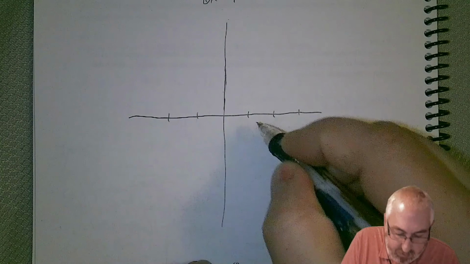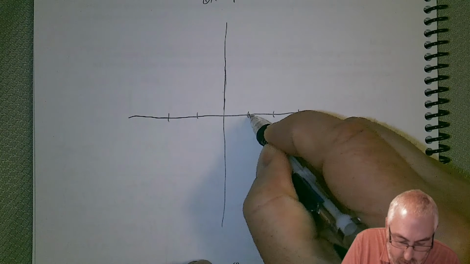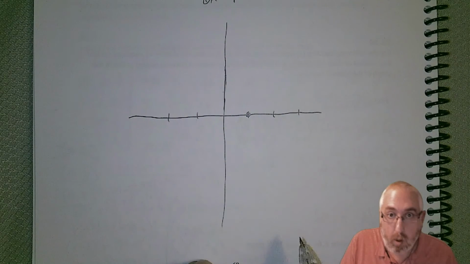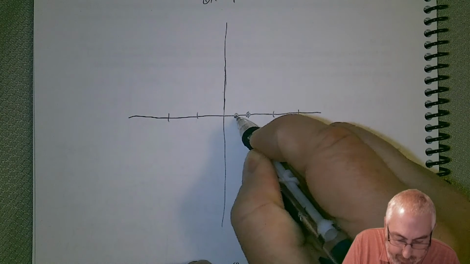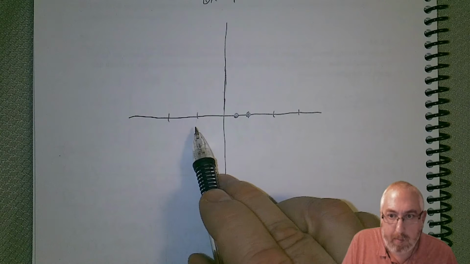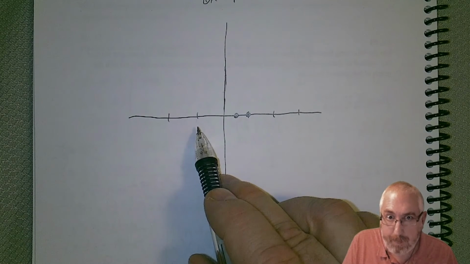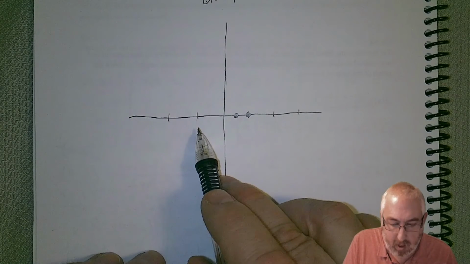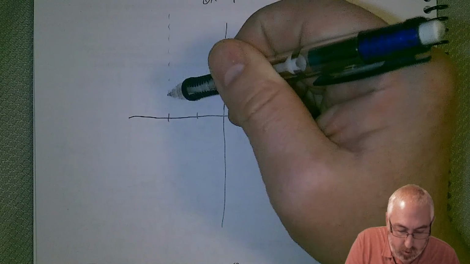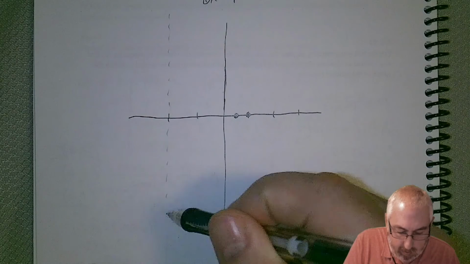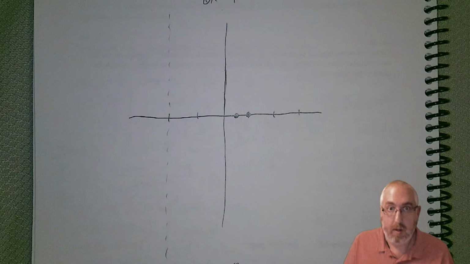So we know we have a 0 at 1, 0. We also have a 0 at 1/2. We had a problem, remember, at x equals -1, which we'll see in a minute. But we had a vertical asymptote at x equals -2.